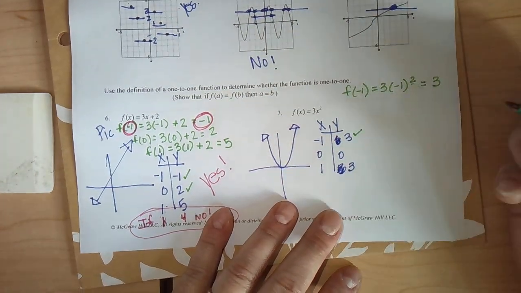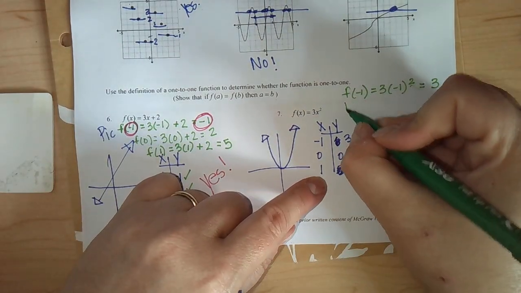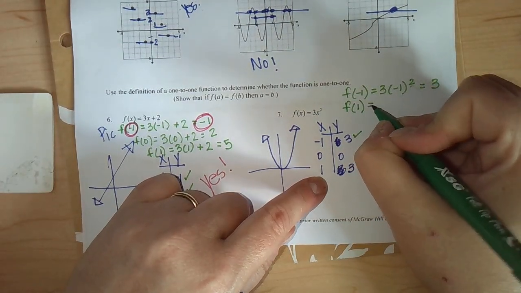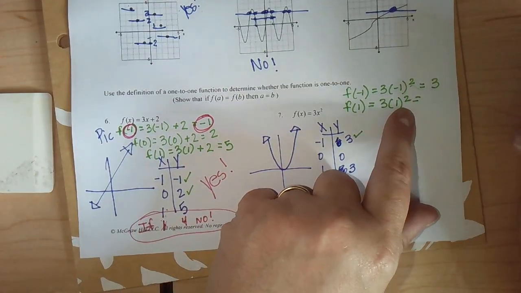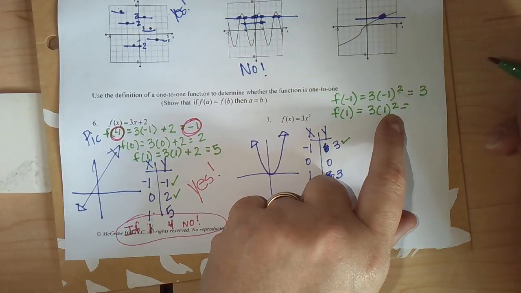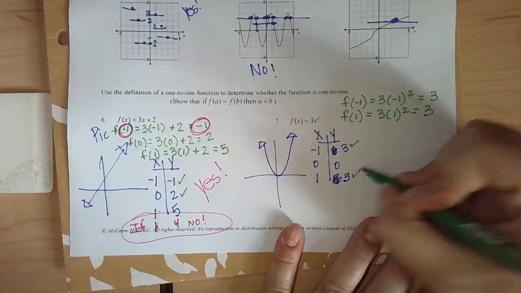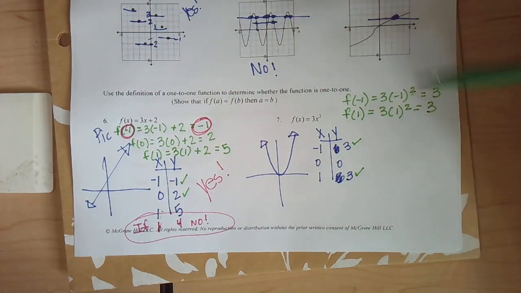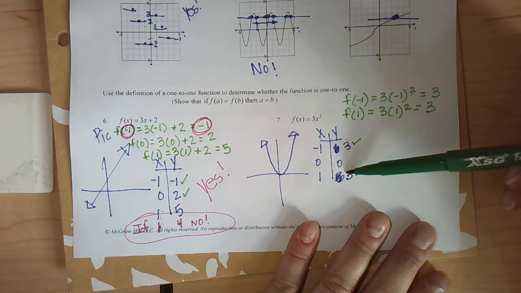But then, darn it, when you look at f of 1, and plug in a regular 1, 1 squared is still 1, times 3 is still a regular 3. Well, oh no. We have 2 of the same y values.